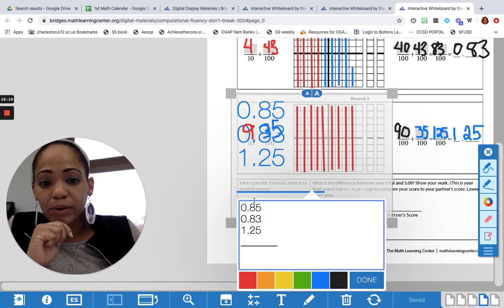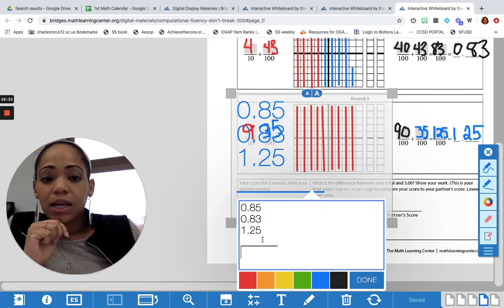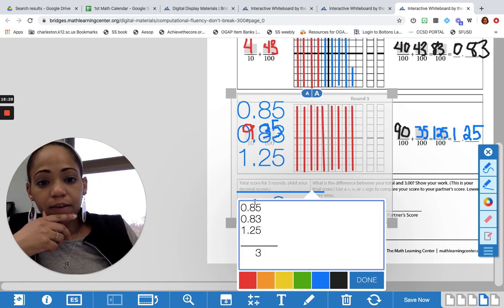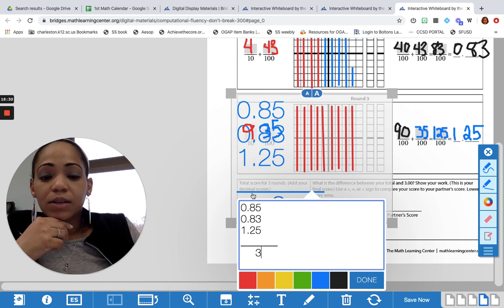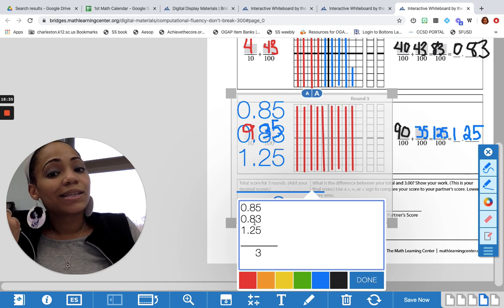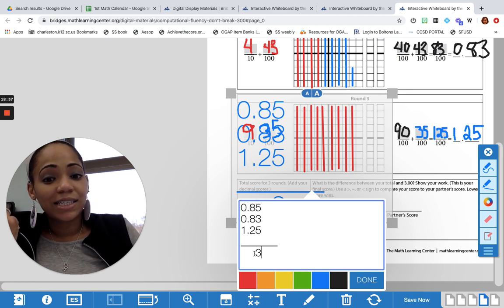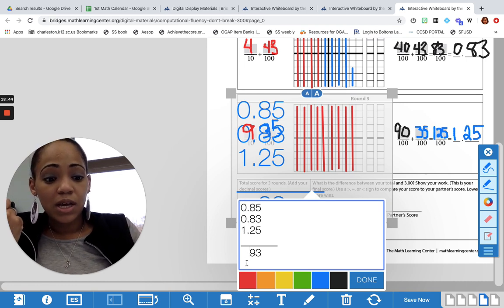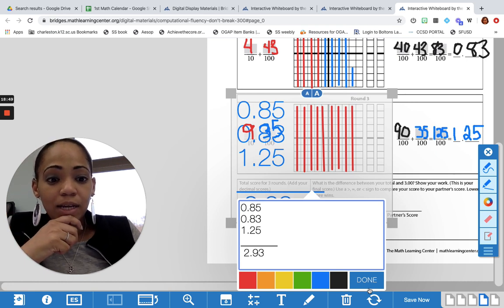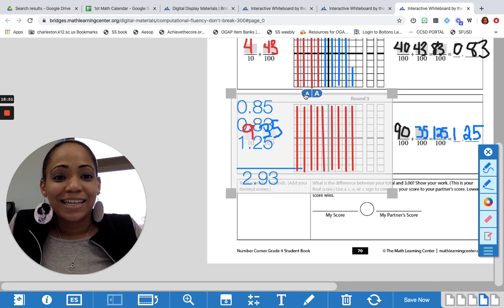So I would have to put my 1 in the tens place, and it will be 3 here. And I have to put my 1 up here, and my tenth up here. 8/10 plus 8/10 is 16/10, 17, 18/10, 19/10. So I'd have a 9 here. And 19/10 means I have another whole. So that would give me 2 and 93 hundredths. Yeah. Beat that.